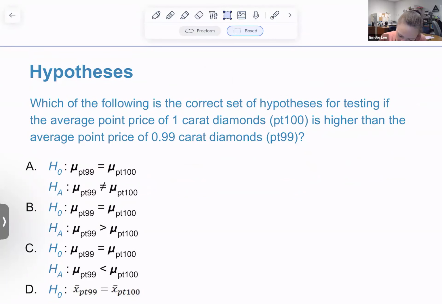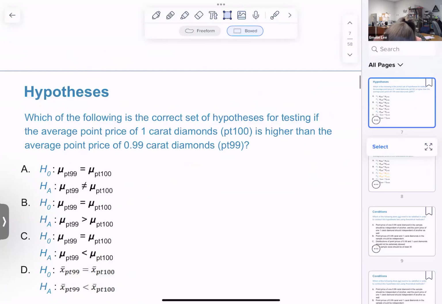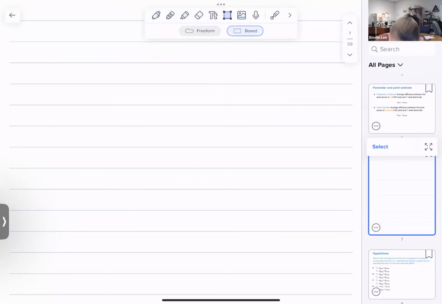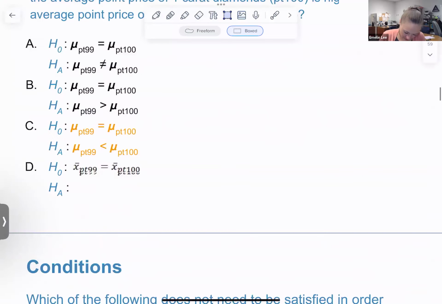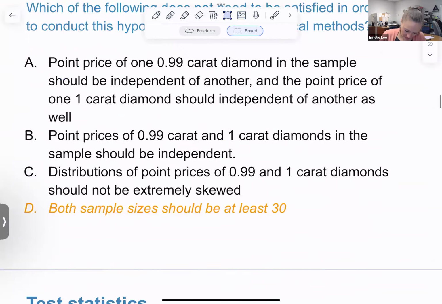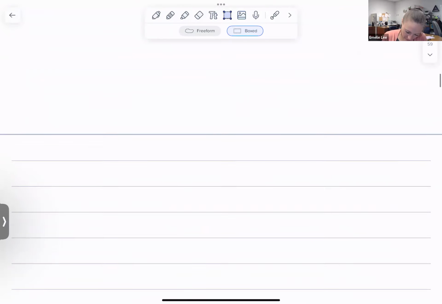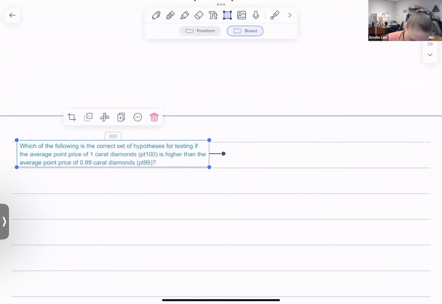for what we want to test, and what I'm going to do is add a page here. Let me just scroll ahead briefly. We're just going to go ahead and do this one together.